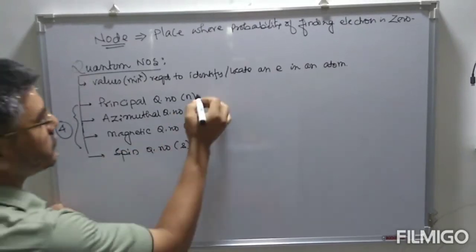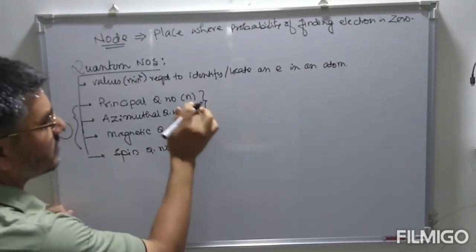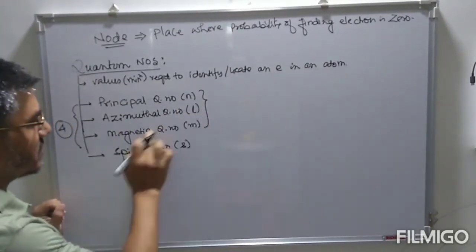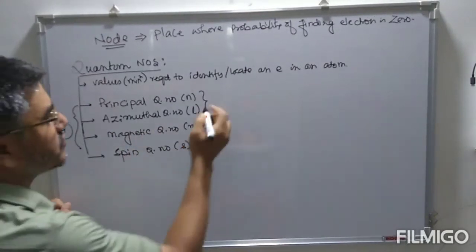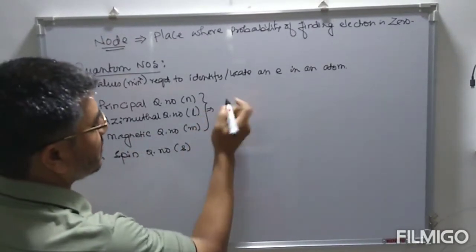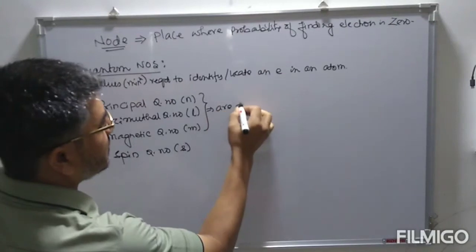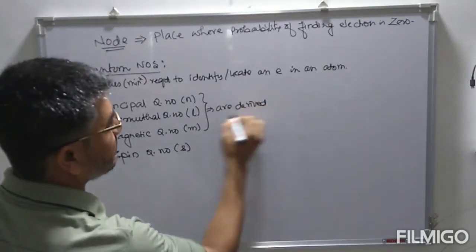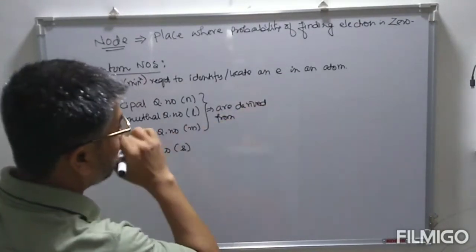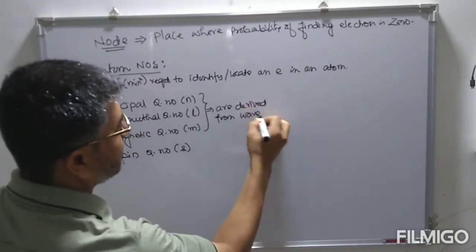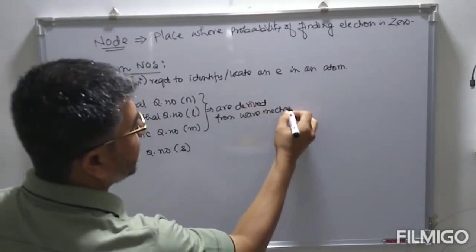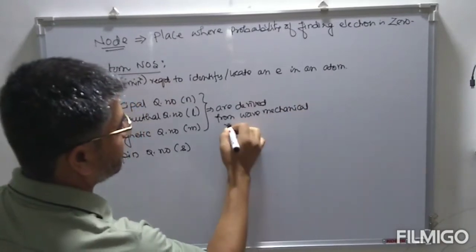So out of these 4, the first 3, principal quantum number, azimuthal quantum number, and magnetic quantum number, are derived from wave mechanical model.